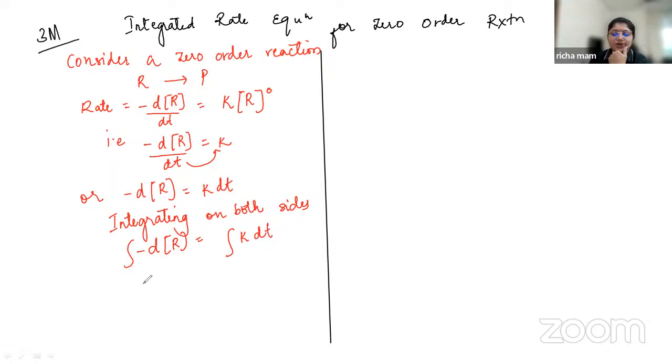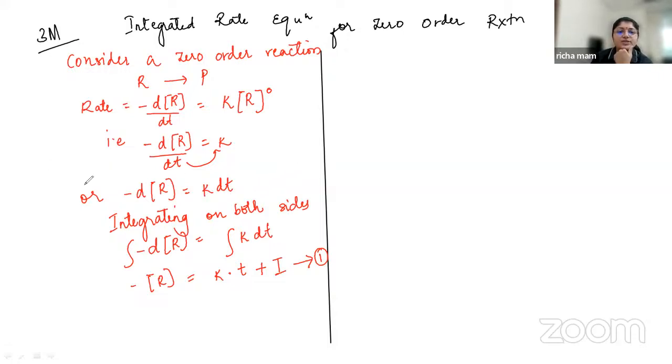After integration, the integral of minus dR is minus R, which is equal to the integral of k dt, that is k into t, plus an integration constant. So this is our first equation. Is it clear up to here? Yes, ma'am. So how are the marks given? Up to here you will get 1 mark.